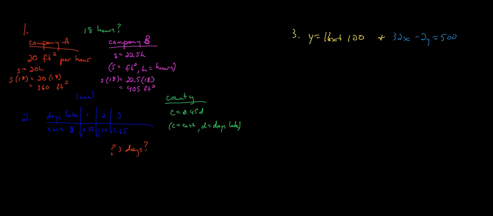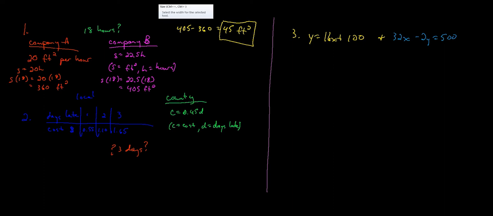So the difference, which is what's asked for, 405 minus 360 equals 45 square feet. So Company B will have installed 45 square feet more than Company A after 18 hours of installation.